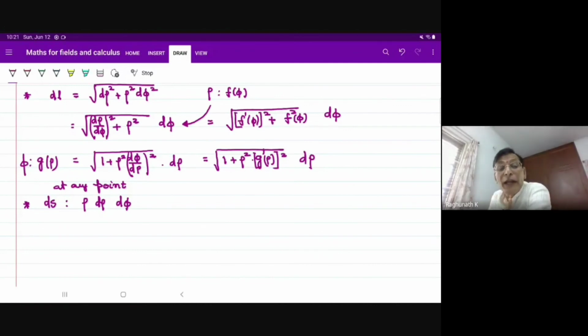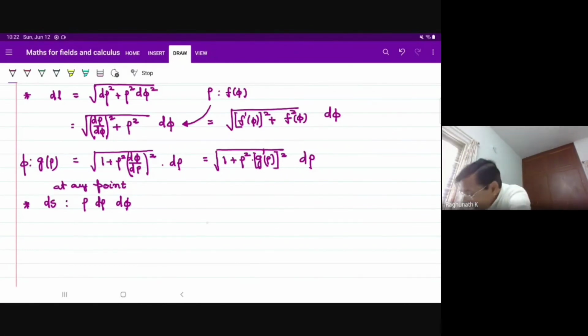When we are defining rho d phi, please remember, whenever I try to integrate it, my limit should be in radian. Only if phi is in radian units, rho d phi is the arc length. That is taken as the length of the other side in the differential element.